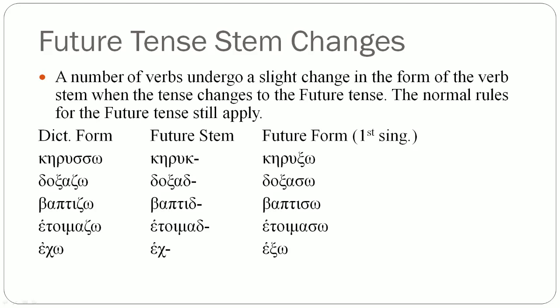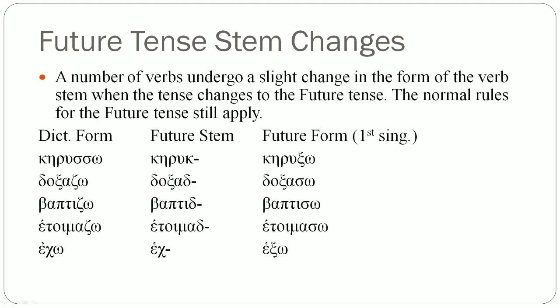That zeta will become a delta. And notice that that's a pattern: doxazo, baptizo, hetoimazo. All of those end in a zeta, and in the future stem, they all change to a delta. So baptid is the future stem. Delta drops out before the sigma, so you're left with the future form, first person singular, baptiso, just with a sigma. I will baptize.